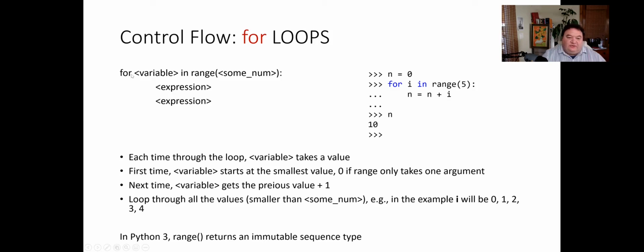So this is the form: variable in range is a way to build the sequence on the fly. So if you say range 5, it is really going to do 0, 1, 2, 3, and 4, as I express here.